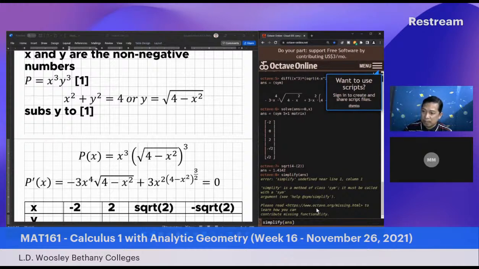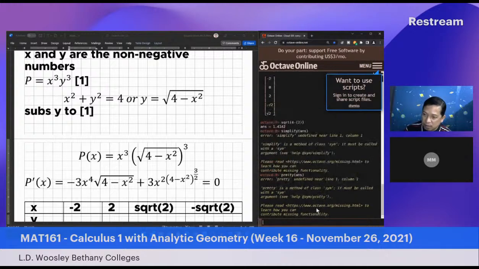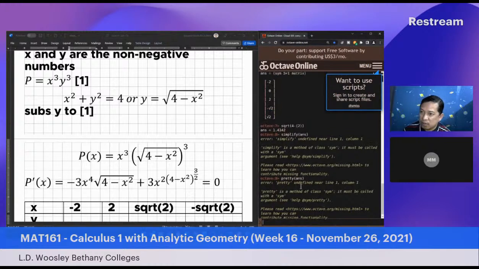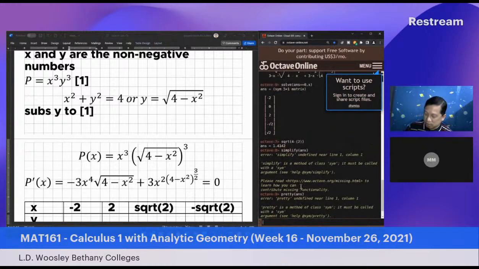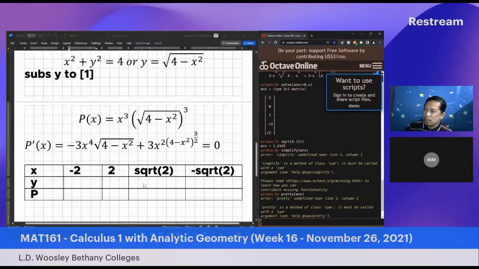So anyway, this is square root of 2, no? Actually, square root of 2.